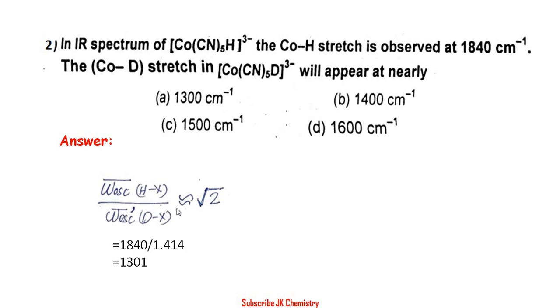So omega oscillation of D-X is equal to omega oscillation of H-X divided by root 2, that is 1840 divided by root 2, meaning 1.414, which is approximately equal to 1300 centimeter inverse. So clearly you can see all options have large differences, 1300, 1400. So clearly you can choose option A.